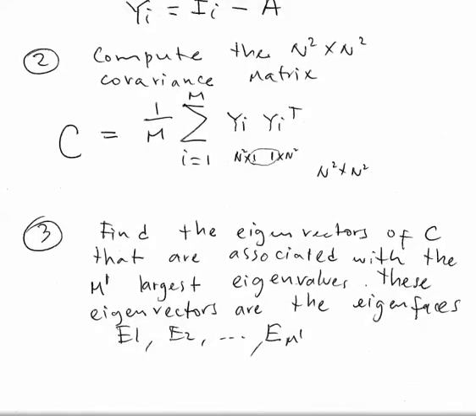And then once we have that C, we follow another procedure to find the eigenvectors. For all of that, we can just use Scilab and provide the matrix, and we can get the eigenvectors associated with that. And then we want the ones with the largest eigenvalues, and these will be my eigenfaces.